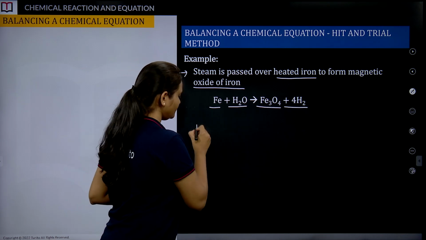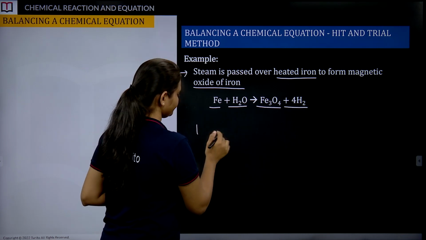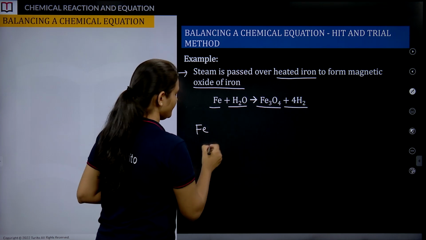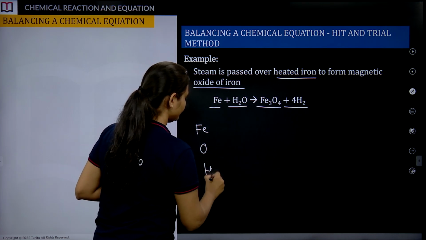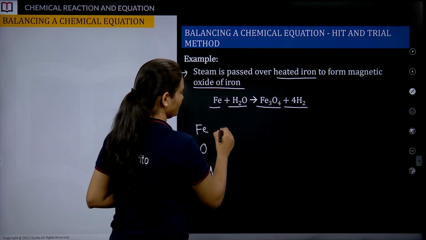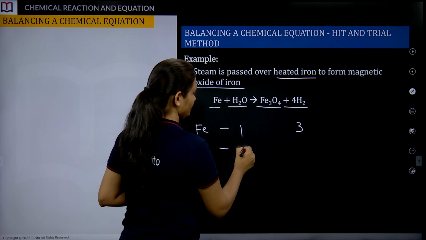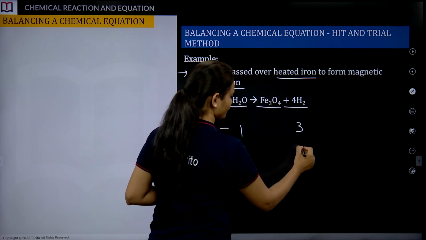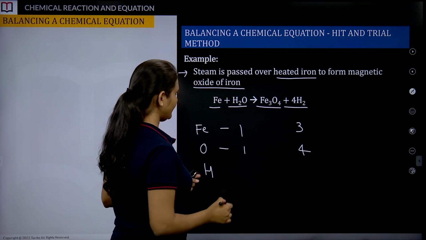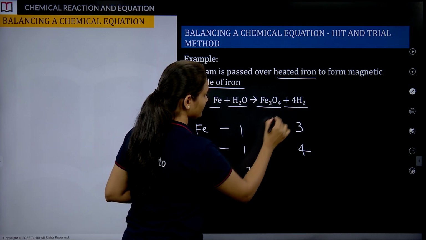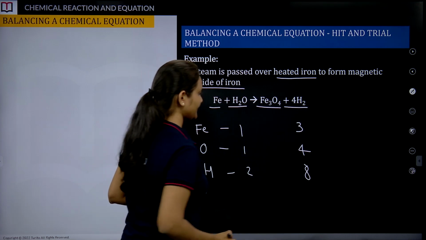Let's start doing it quickly. Fe, then we are having oxygen, then hydrogen. So 1 here, 3 here; oxygen, only 1, oxygen 4; hydrogen 2, here 8.